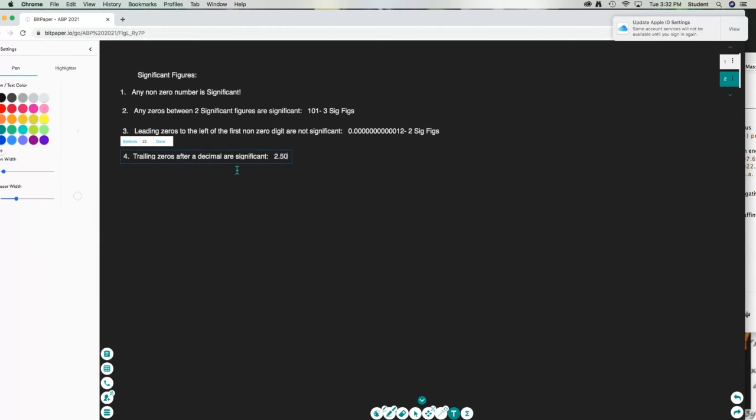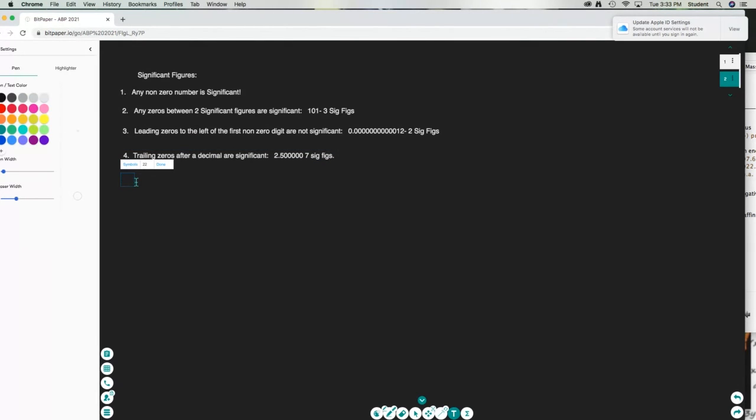So 2.50000 actually has, I shouldn't have put so many zeros, 1, 2, 3, 4, 5, 6, 7 significant figs, right? They took the time to measure it all the way to this spot. So don't do them a disservice and be like, yeah, it's 2.5.